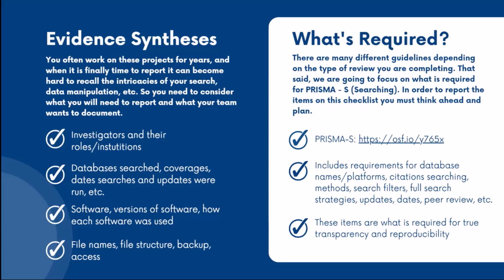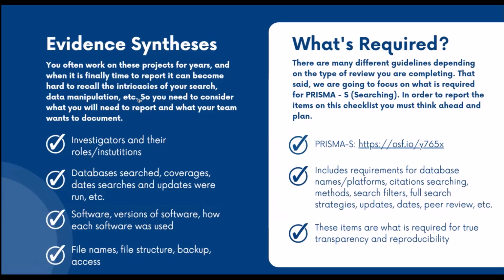There's a movement in systematic reviews right now indicating that we need to make our searches available. It is now a requirement on the checklist to make our searches available. And SearchRxiv is a product that was developed to help with that.